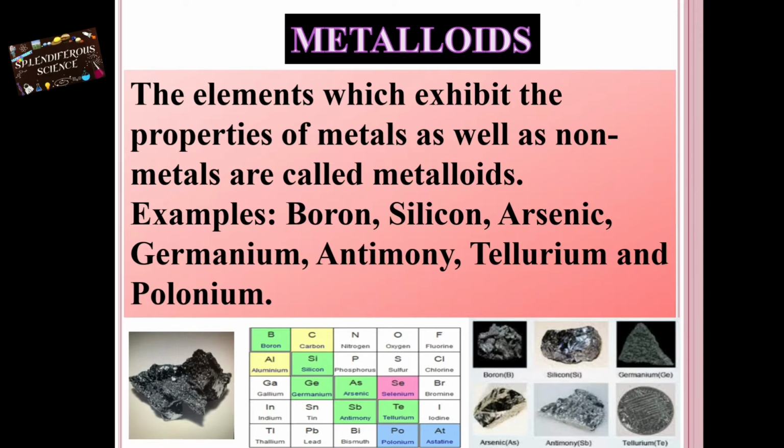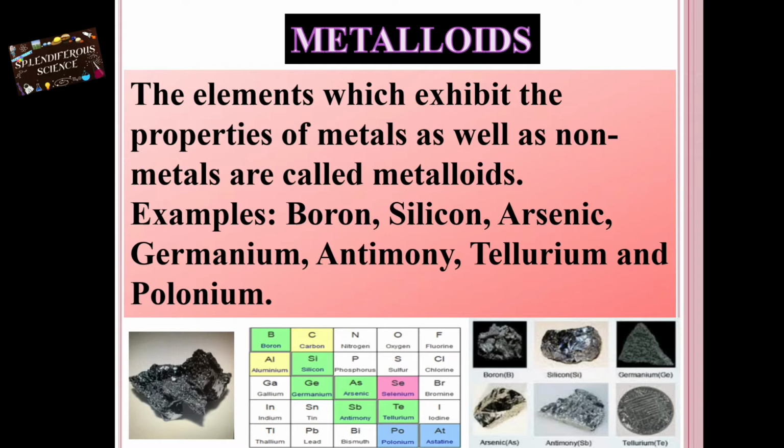What are metalloids? Metalloids are a small group of elements found in the periodic table along the zigzag line that distinguishes metals from non-metals, drawn from between boron and aluminium to the border between polonium and astatine. So you can see the examples here.